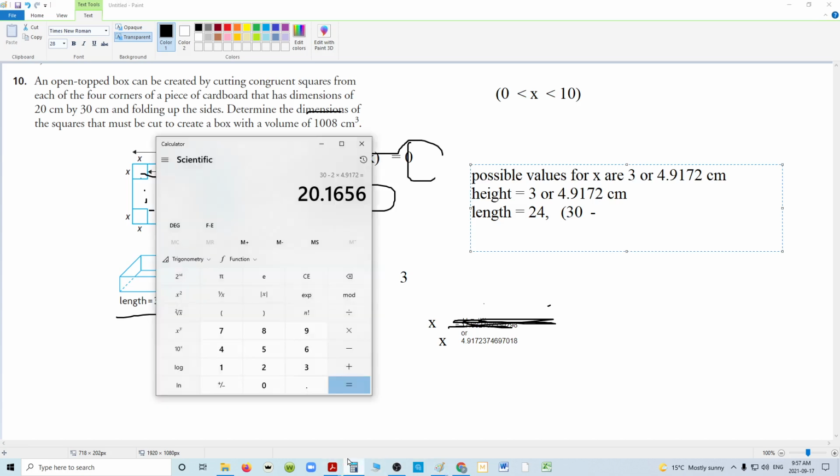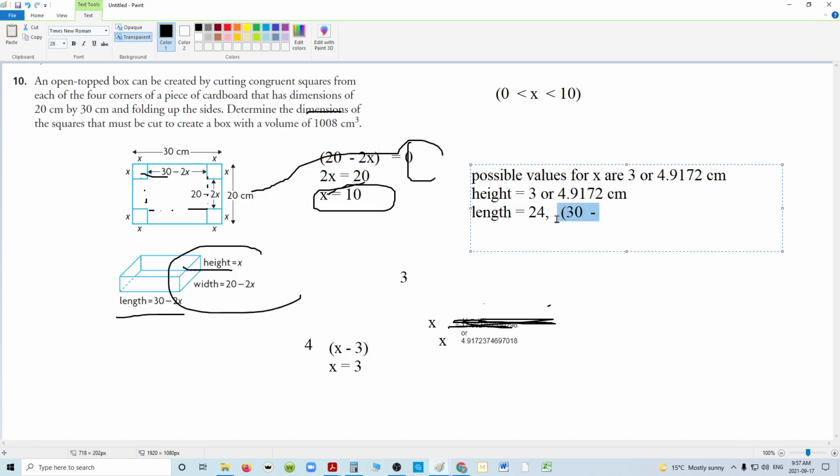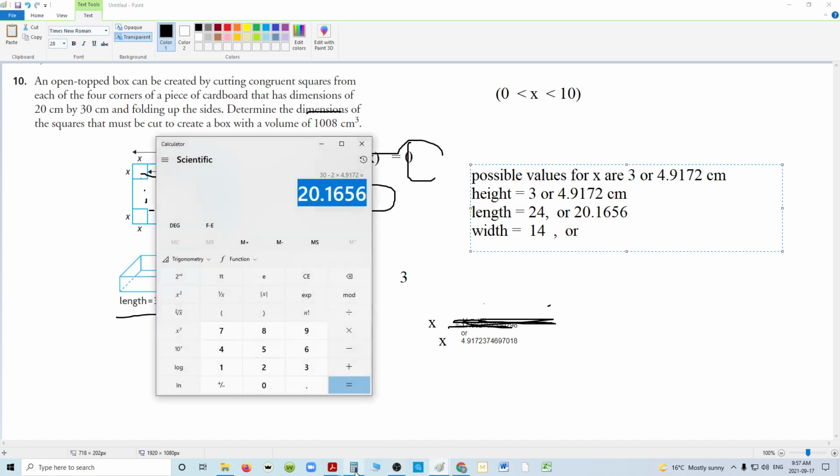What was it? I'll just copy it directly. And width is equal to 20 minus 6, which is 14, or 20 minus 2 times 4.9172, equals this.